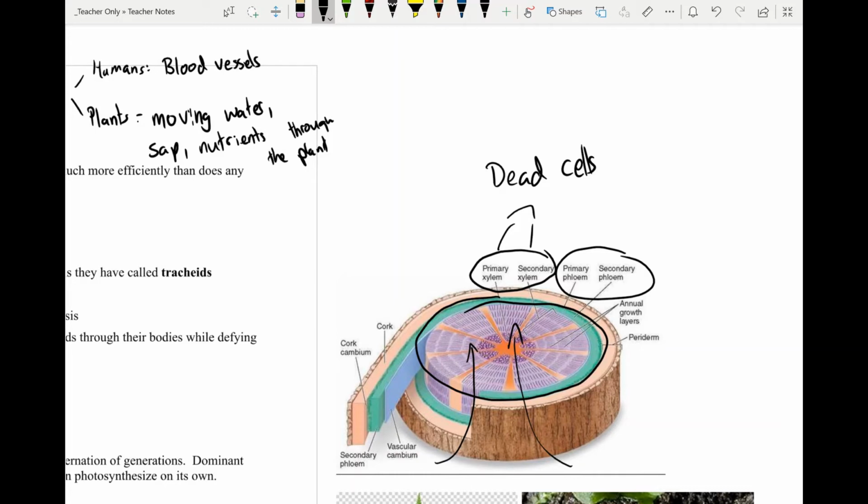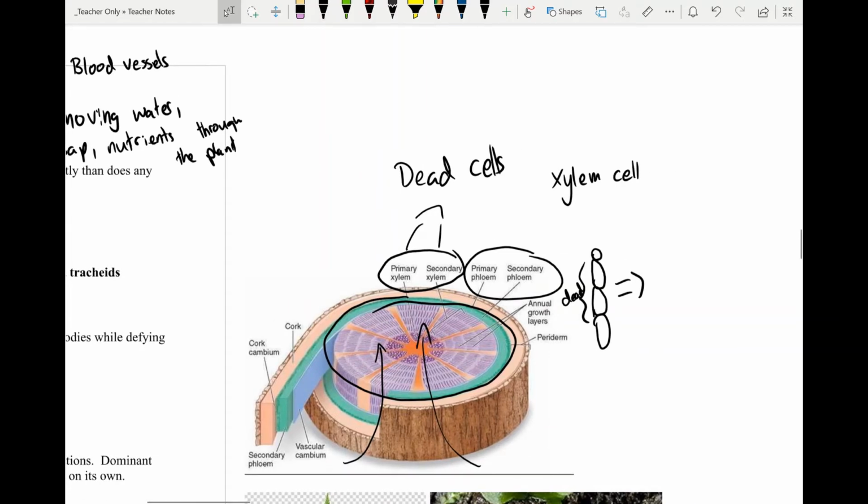So what ends up happening is, as the tree grows, it grows by stacking these cells on top of each other. Now, once one of these cells reaches maturity, it dies. So we can think of, there's all these cells below it. These ones are already dead. There's a new cell growing.